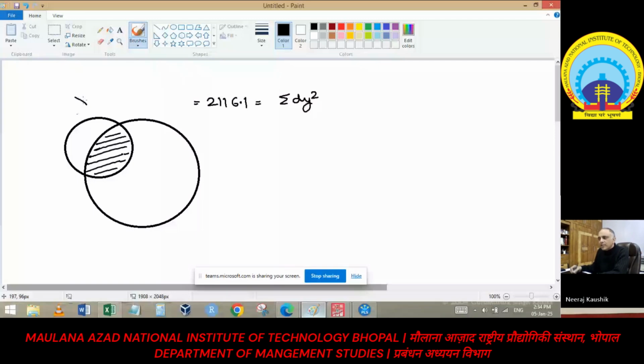Total variation is 2116. Out of that, what can X cover? What is the shaded region? The shaded region is part of the X, and that is the common shaded region.